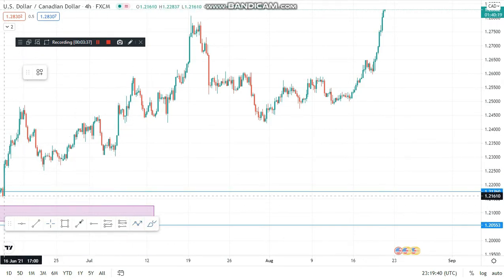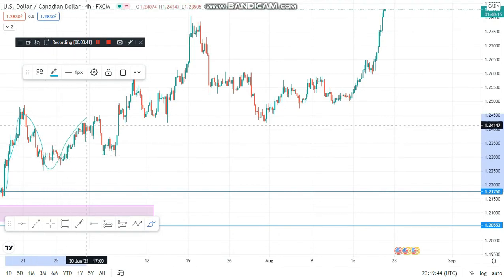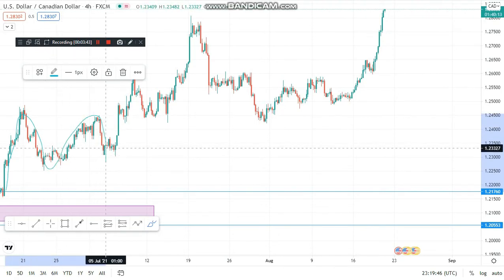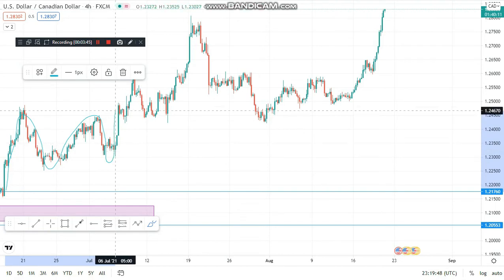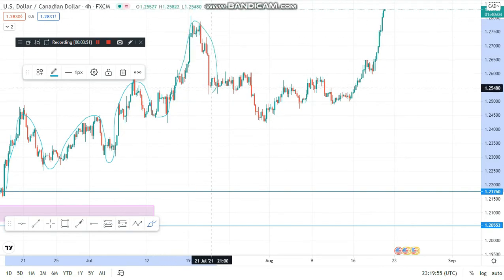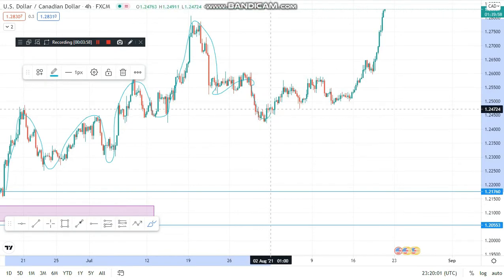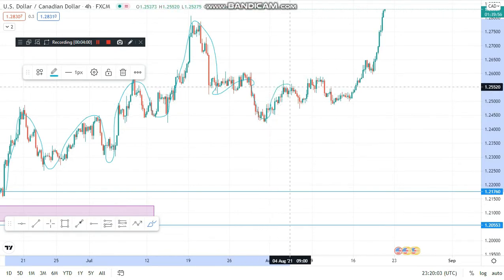The market went up from here to here, came up again, came down to this support and went up again, created another support here and went up, created a support, failed to create a resistance and went down to this support again.